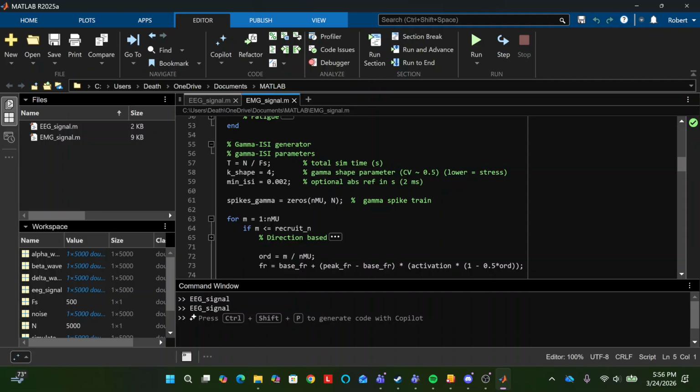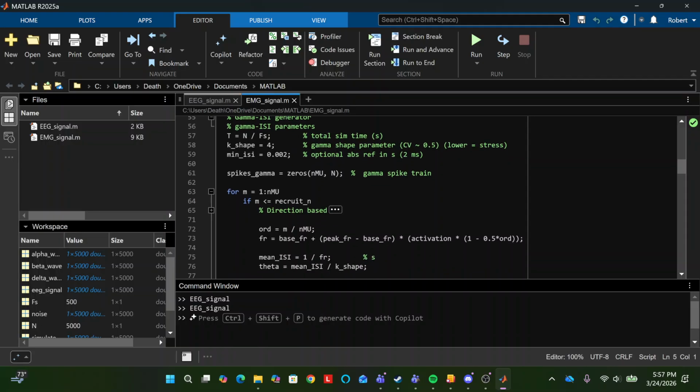What we have is, we first will create a total simulation time. We actually have a k shape, meaning we have the shape parameter, a gamma shape parameter. Lower equals stress. So let's say your k is 0.5, if it's lower, then there's stress being put on that muscle. Then you have an optional absolute reference in seconds.